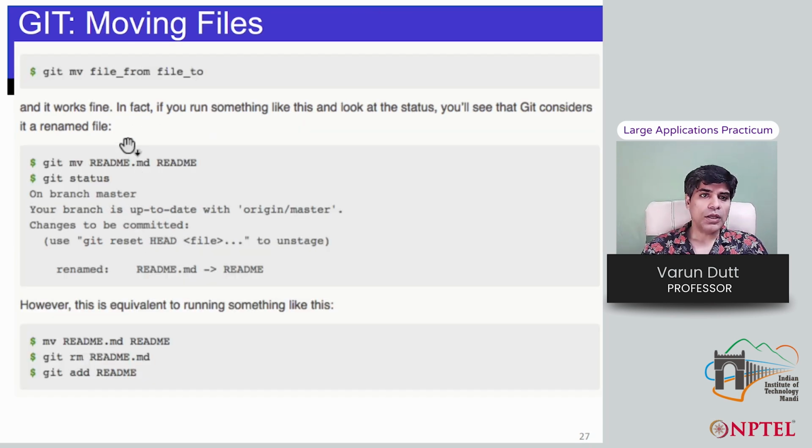We can also rename files by writing git mv file_from file_to. If you look at the status, you can see Git considers it to be a renamed file. So we can do git mv README.md README, and if you run the git status command, you will see that this file has been renamed from README.md to just README, and this is yet to be committed.